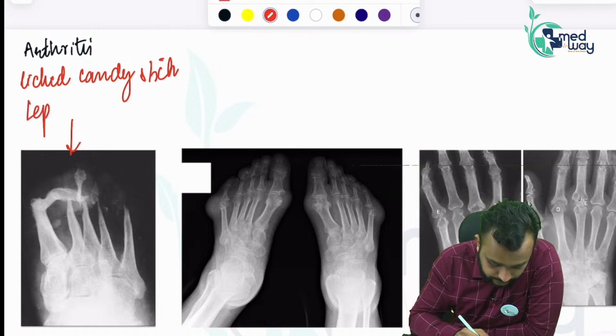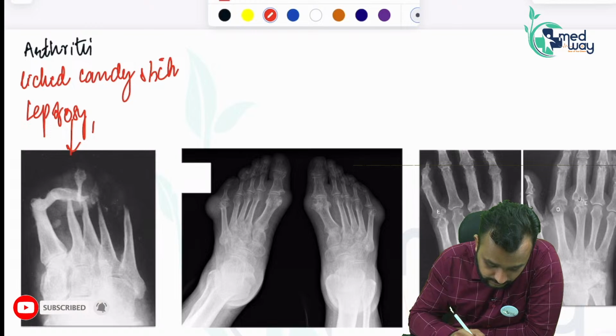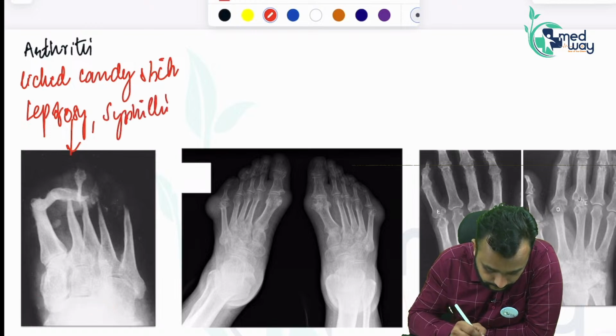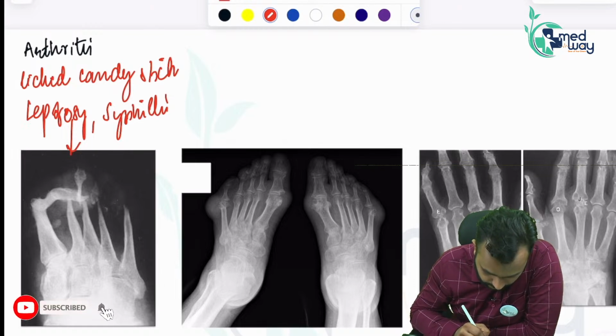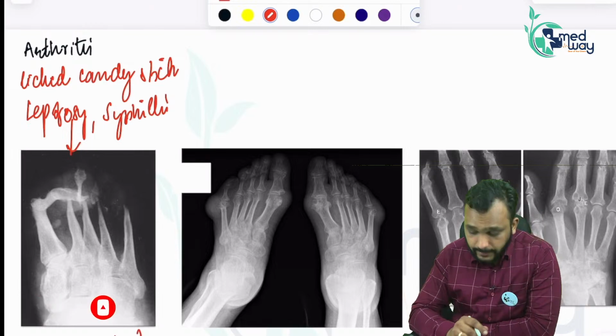leprosy, okay, in patients with leprosy, in patients with syphilis, and this is your neuropathic joint. Neuropathic joint, okay.